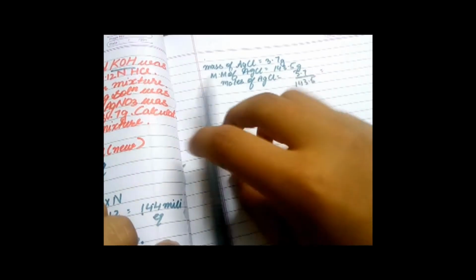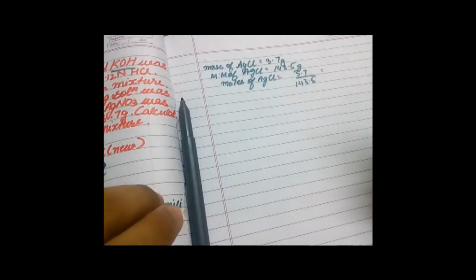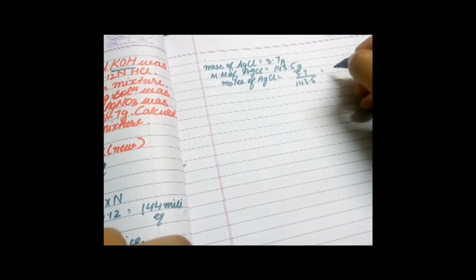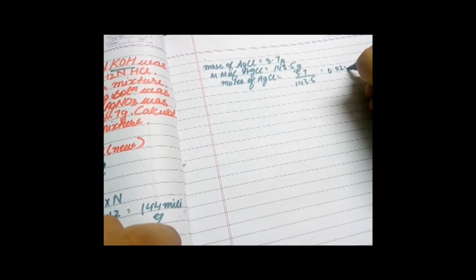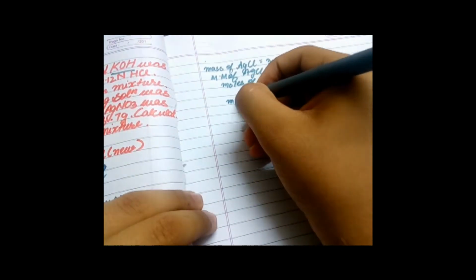I will again take the aid of my phone to get the answer, and here we will be dividing 3.7 by 143.5. It is coming 0.0257. Now in the whole question we are talking about millimoles, so we will convert it into millimoles.